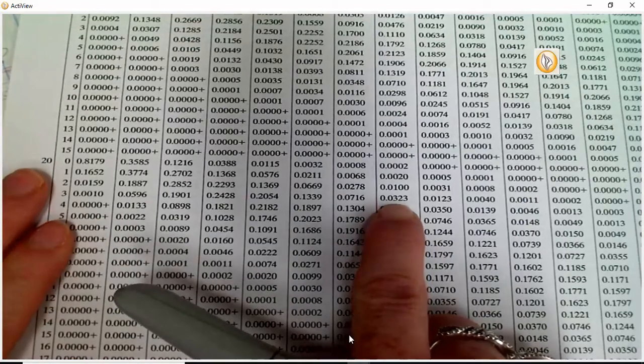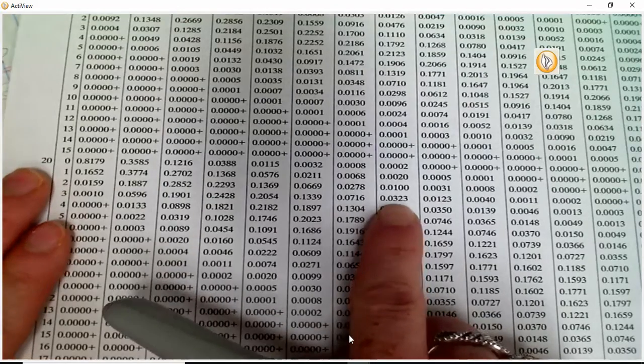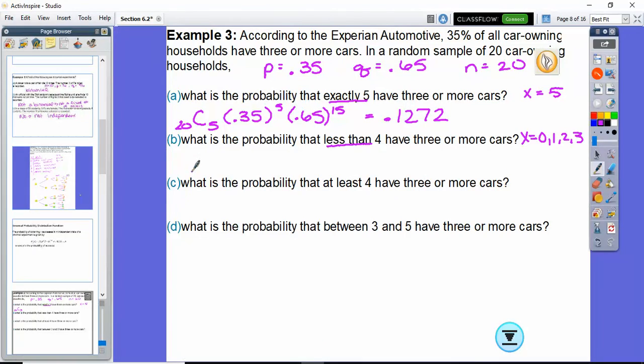What I would ask on a test or quiz, if you are reading these from your table, please write down what you're adding together so I know where you got your numbers. So if I add those 4 numbers, what do we get?